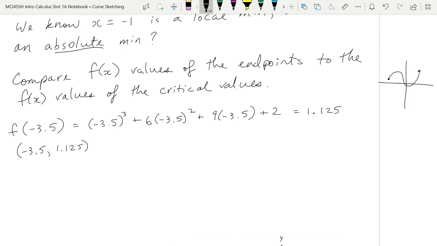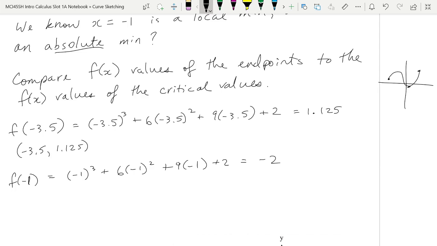Meanwhile, back at our local minimum, which was -1, f of -1 is -1 cubed plus 6 times -1 squared plus 9 times -1 plus 2. When you run that through, you get -1 plus 6 is 5, 5 minus 9 is -4, -4 plus 2 is -2.